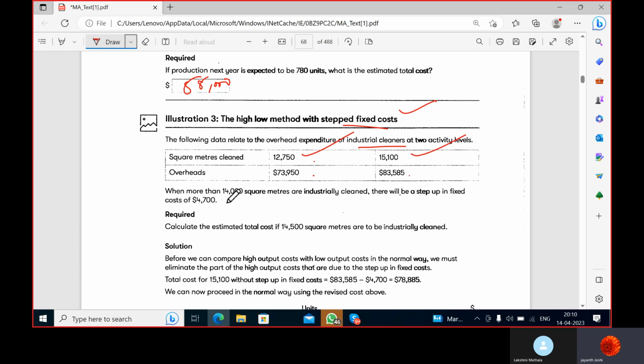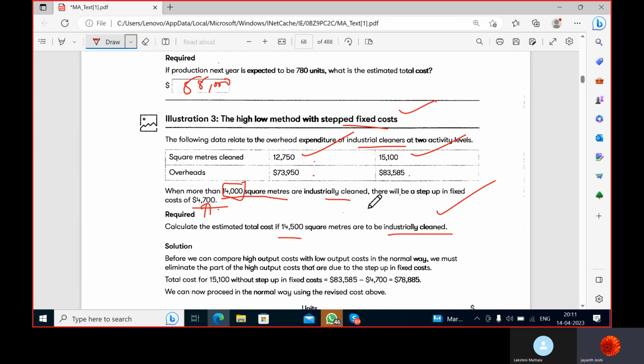And when more than 14,000 square meters are industrially cleaned, there will be a step up in fixed cost of 4,700. That means your fixed cost will increase by this much amount beyond this level. So you're required to calculate the estimated total cost of 14,500 square meters that are industrially cleaned.